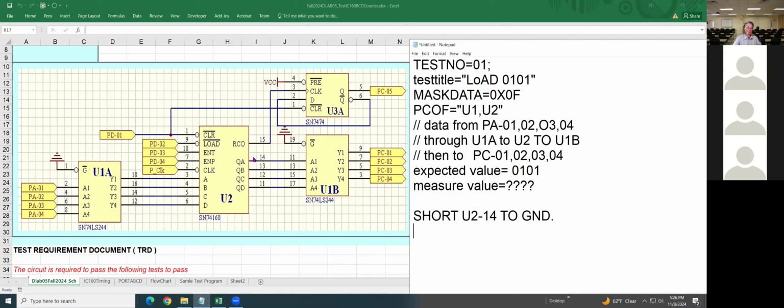You know that U2 pin 14 is shorted to ground here. So when you run it, does it pass or fail? Let me look at my board.